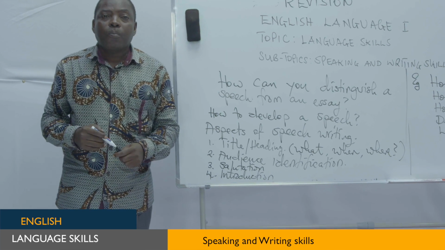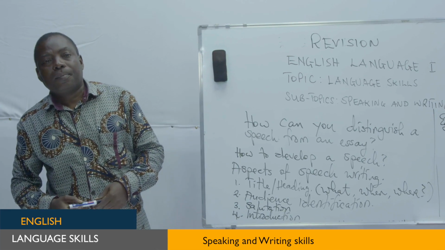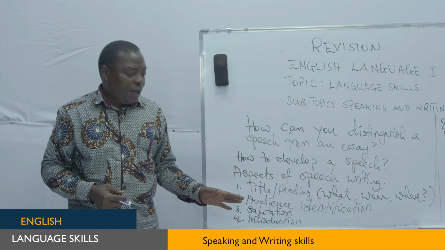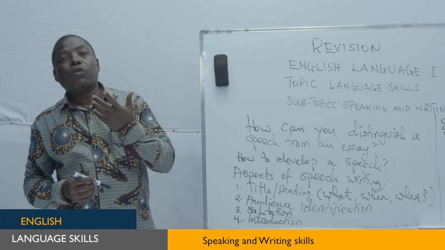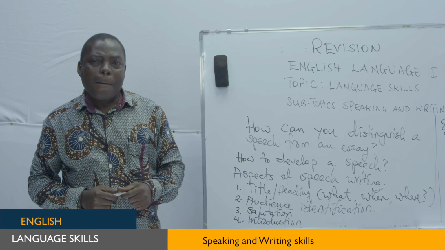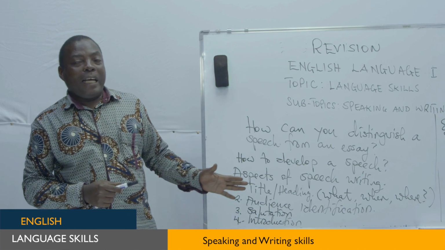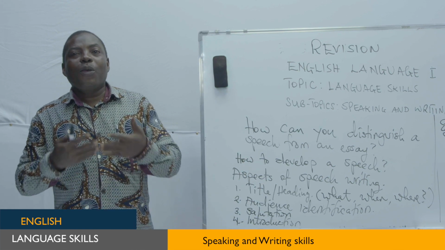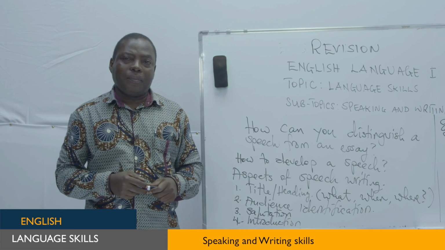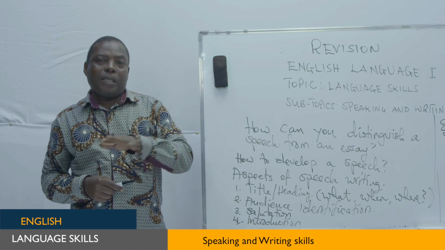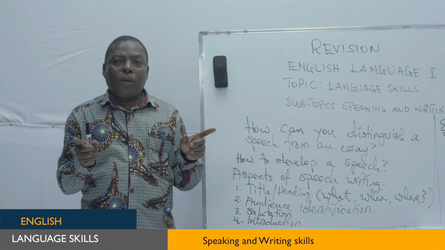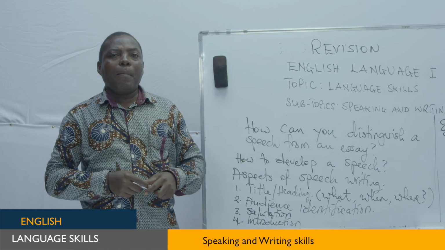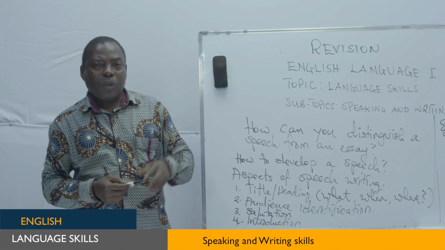Aspect number 4 is introduction. At this point, you'll need, first of all, to introduce yourself, because you have identified your audience. Then they'll start asking, who is this person that is going to talk to them? If you leave that space, you're creating a vacuum, where people from different angles are murmuring, asking themselves, who is this person?